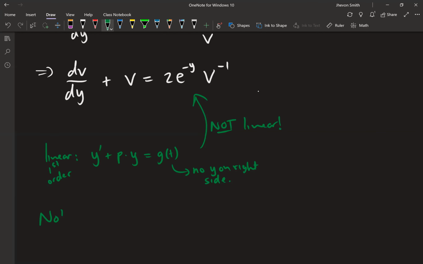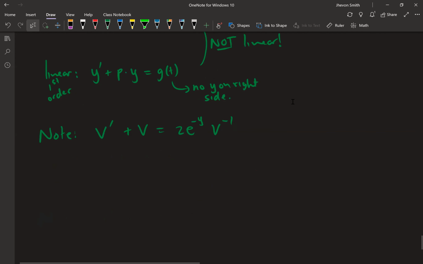Note what we have here is a v prime plus a v equals 2e to the minus y v to the minus 1. If you can imagine that there's a 1 in front of this, what if I call that 1 some function? Let's say I call it p of y.